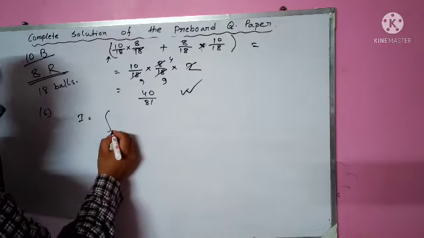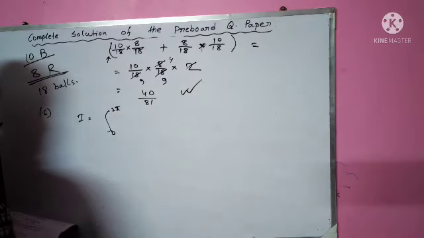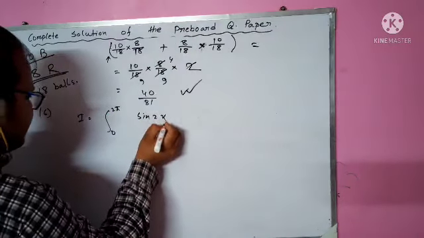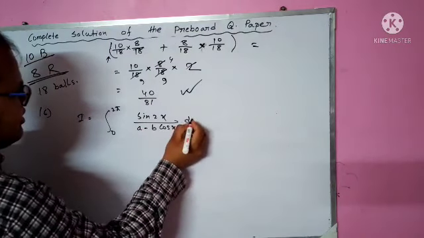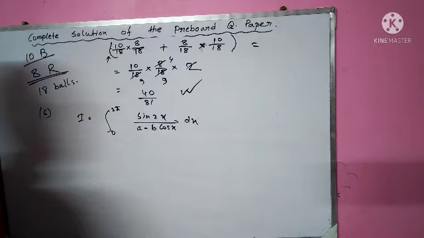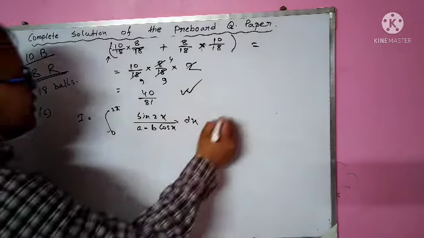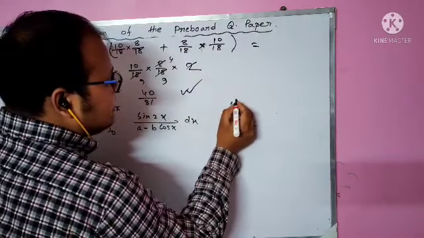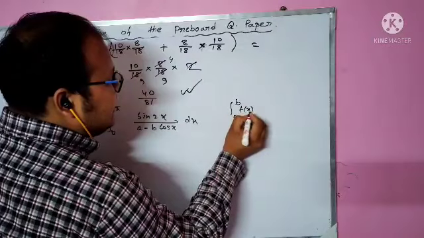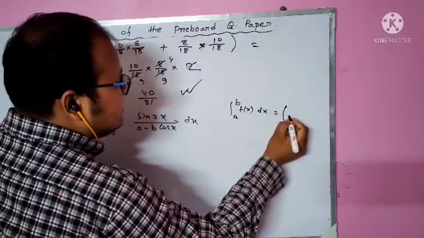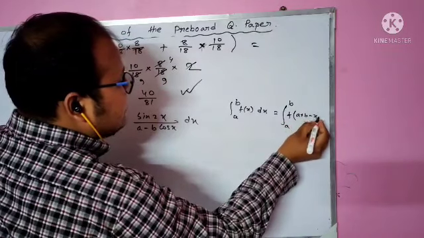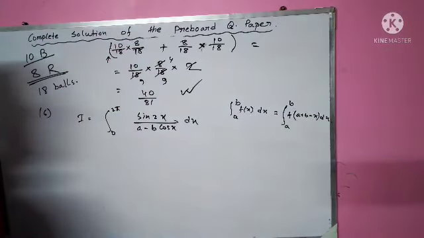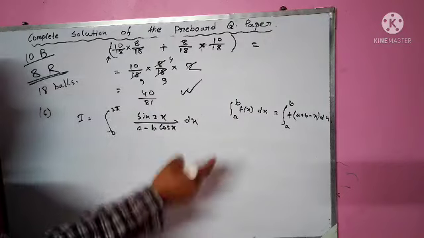The question is the integration from 0 to 2 pi of sine 2x divided by a minus b cos x. What do you have to do? One formula was there: if you have integration a to b of f of x dx, you can write it as integration a to b of f of a plus b minus x dx. We'll apply the same formula.